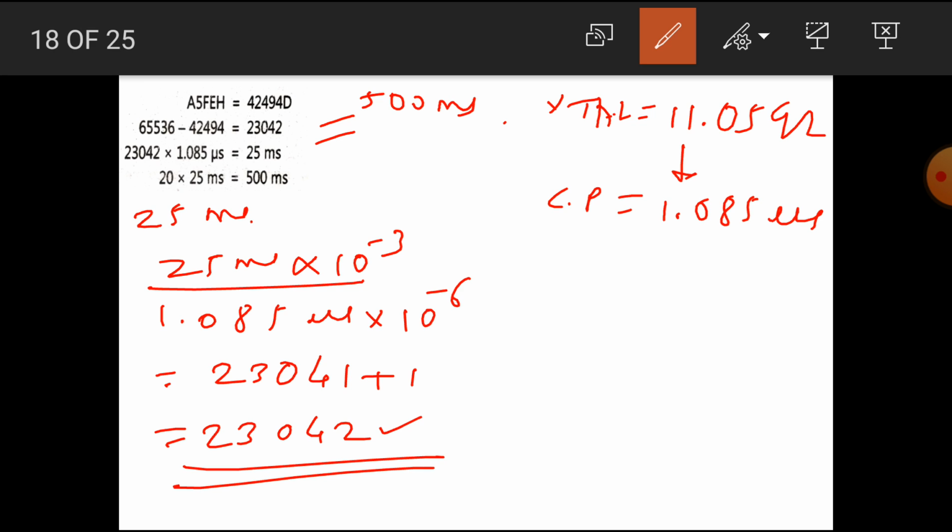Now we have to subtract these clock pulses from the value FFFF. This is the hexadecimal value, and we have to convert it into decimal. Its decimal is 65,536.